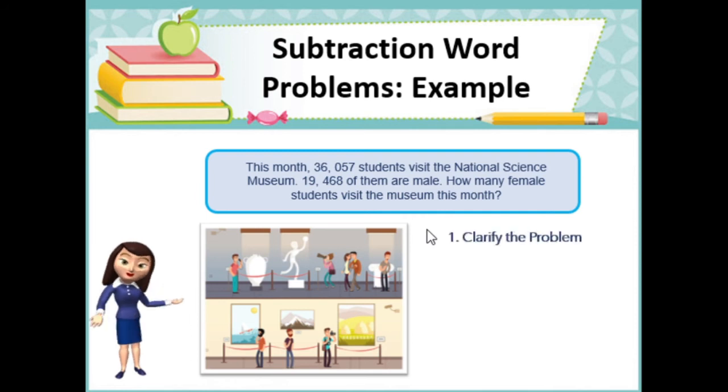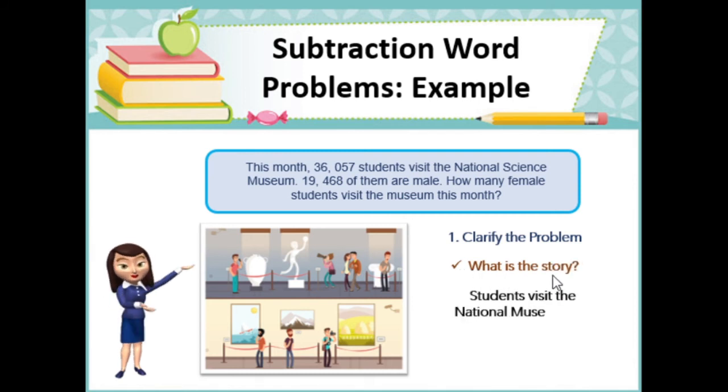First step is to clarify the problem. In clarifying the problem, you should know what is the story of the problem. So in this one, it says students visit the National Museum this month. So there are students who went to the museum this month. That's first.